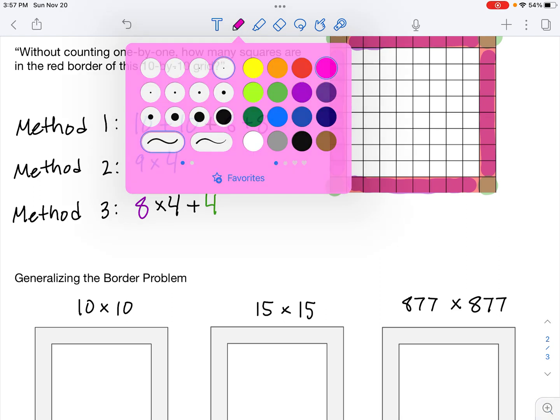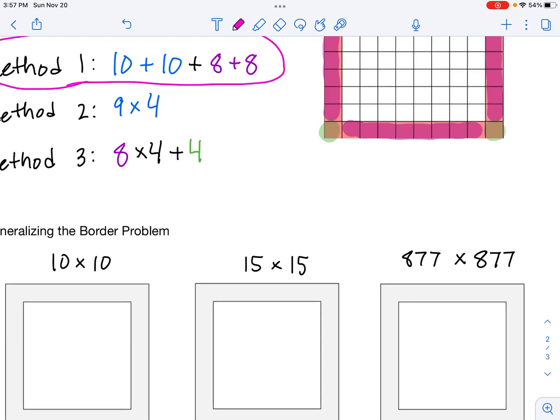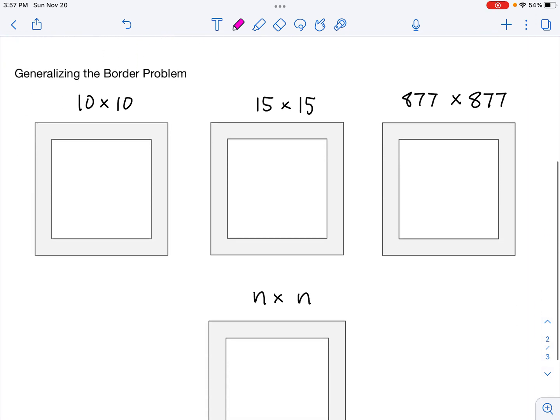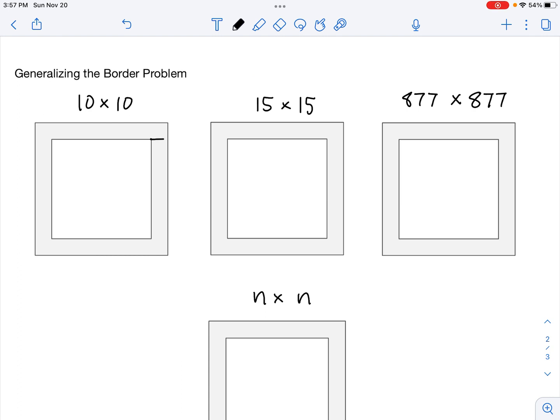Let's pick method 1. 10 plus 10 plus 8 plus 8. I'm going to draw in my 10 by 10 grid how I counted that. So I had 10 on the top, 10 on the bottom, and 8 on the sides.